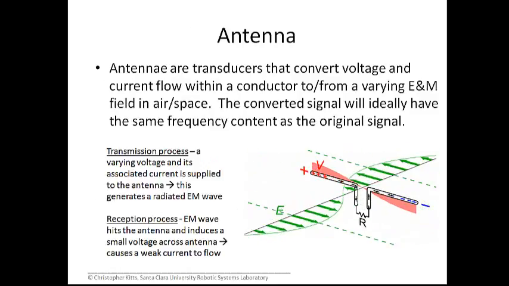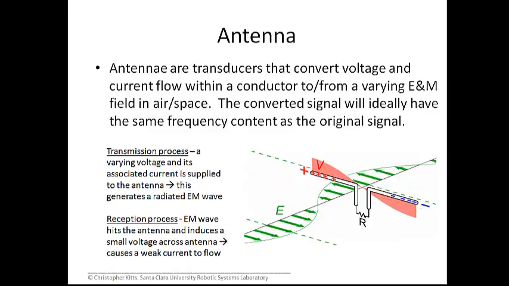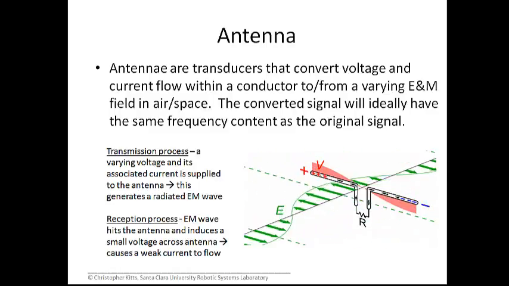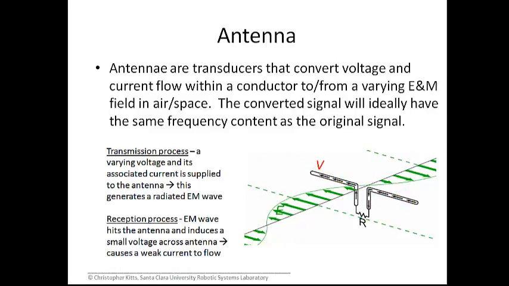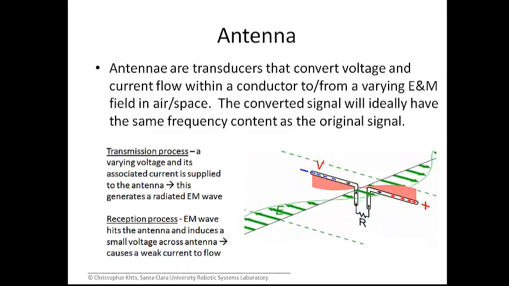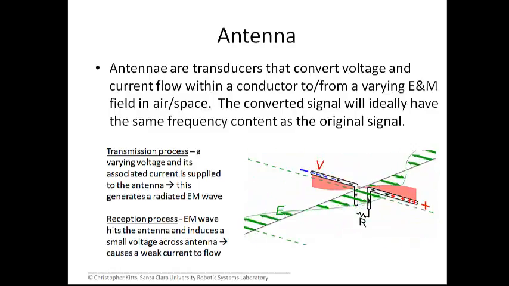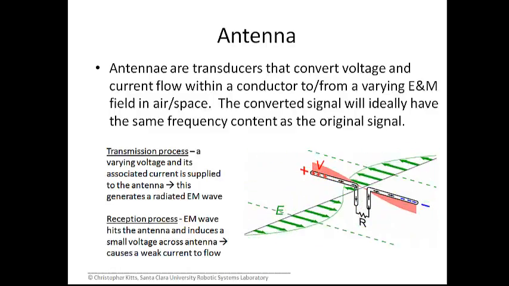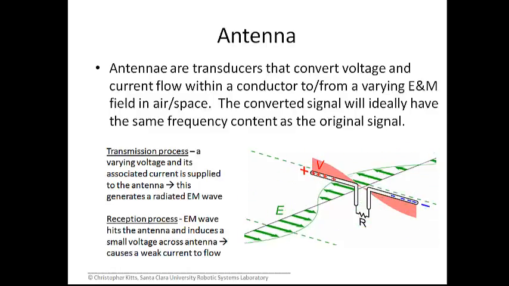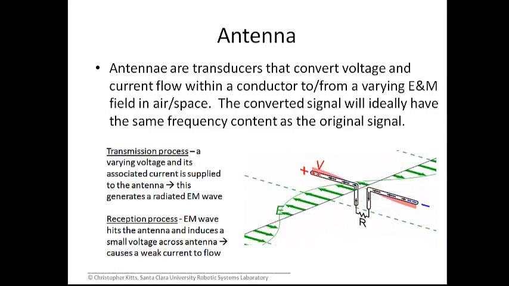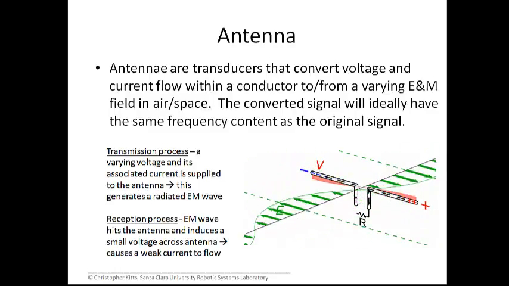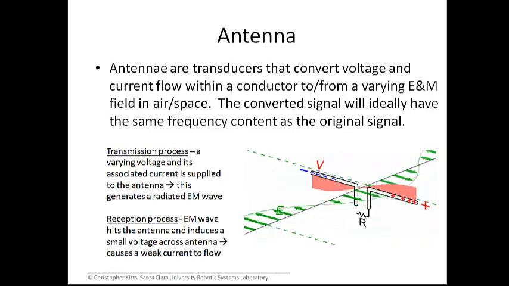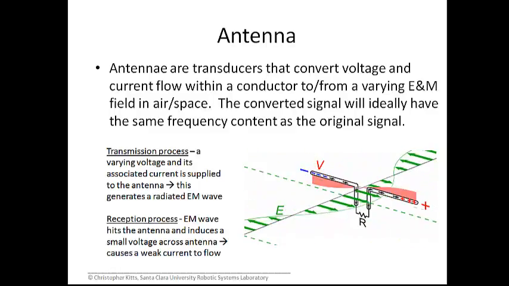And one way of thinking about an antenna is that it is a transducer. And a transducer is a term that came up when we were talking about sensing systems back in the command and data handling portion of the course. But its root meaning, the term transducer, is something that converts from one form of energy to another.